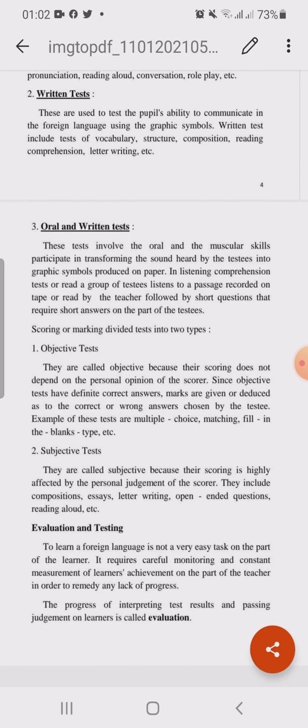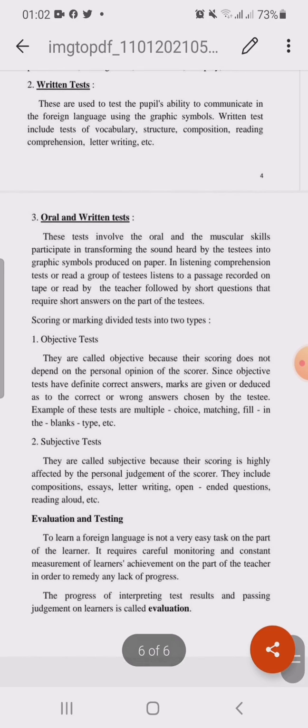It requires careful monitoring and constant measurement of learners' achievement by the teacher, in order to remedy any lack of progress.